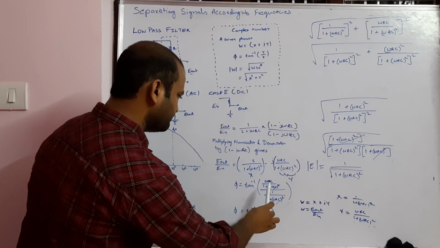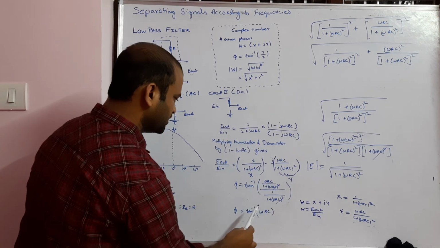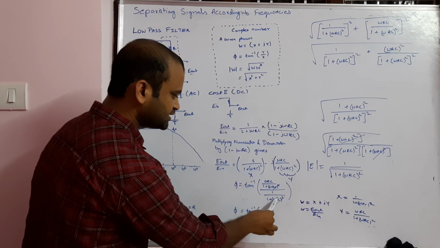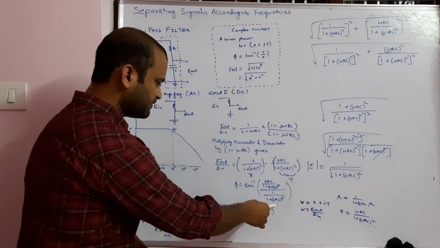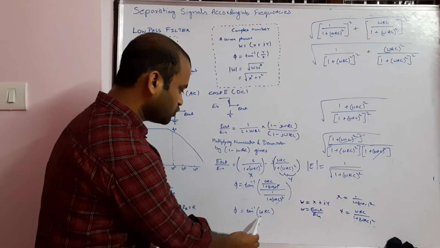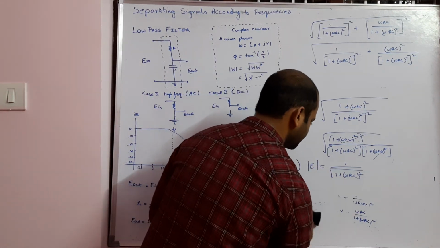So here y is omega RC divided by 1 plus omega RC square, and x is 1 by 1 plus omega RC square. So phi is equal to tan inverse of y by x, right? Now if you do the simplification, you will get phi is equal to tan inverse of omega RC, right? Hope it is clear.